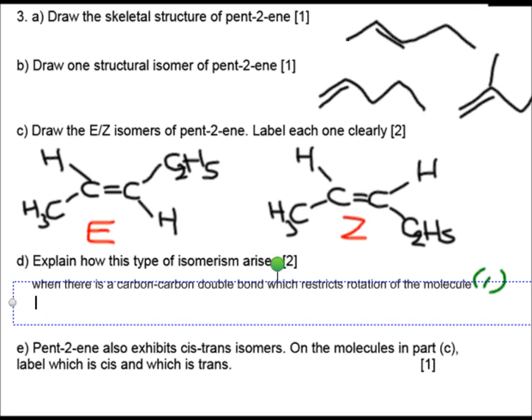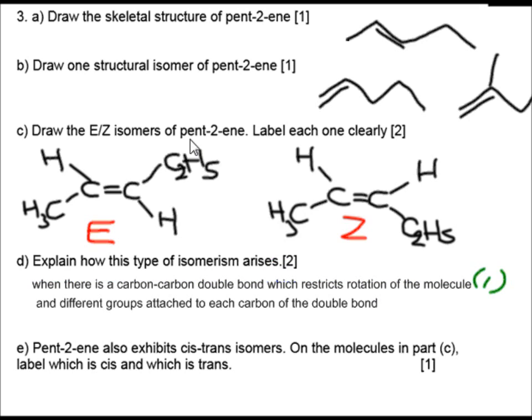So if we follow on from that and say, when there is a carbon-carbon double bond which restricts rotation of the molecule and different groups attached to each carbon of the double bond. So that bit is key. They've got to be different groups attached to each carbon of the double bond, and that will be your second mark.